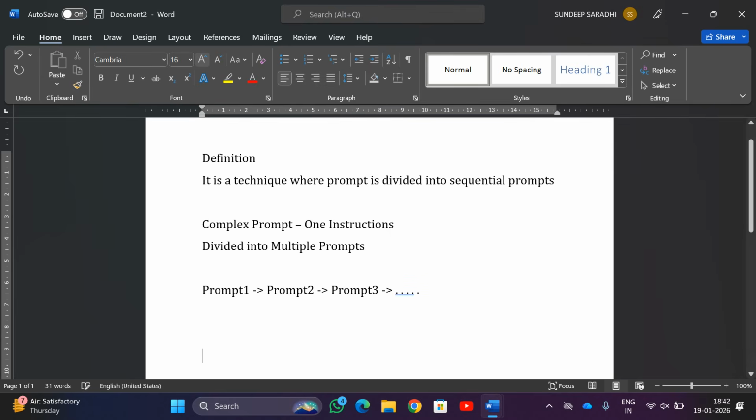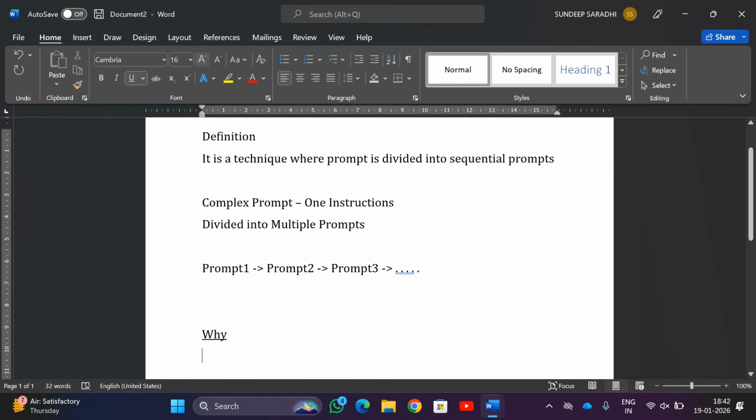So why will this technique be used? It improves the accuracy. Whatever prompt or instruction we give, we'll get the exact answer for that instruction.